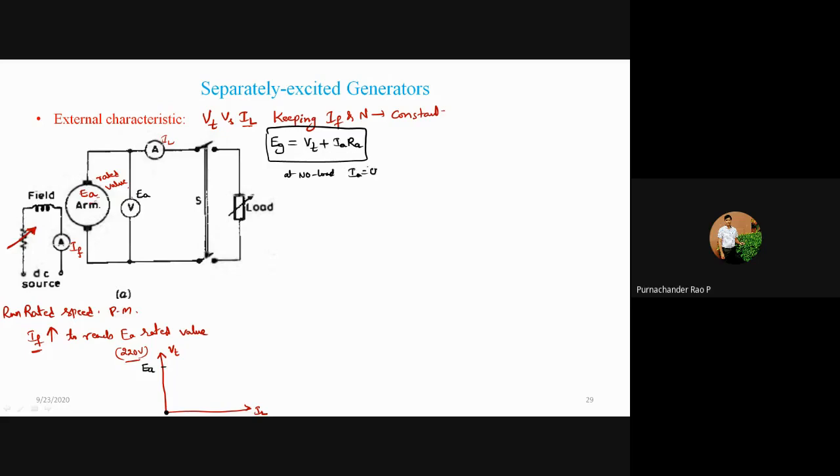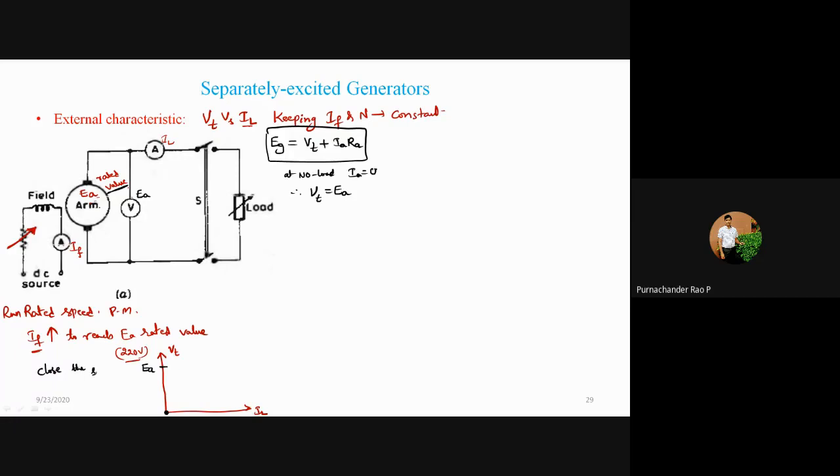It is not carrying any current, and therefore your terminal voltage VT is equal to EA under no load condition because IL will be equal to 0. Once your generator reaches the rated value, the next step is to close the switch.